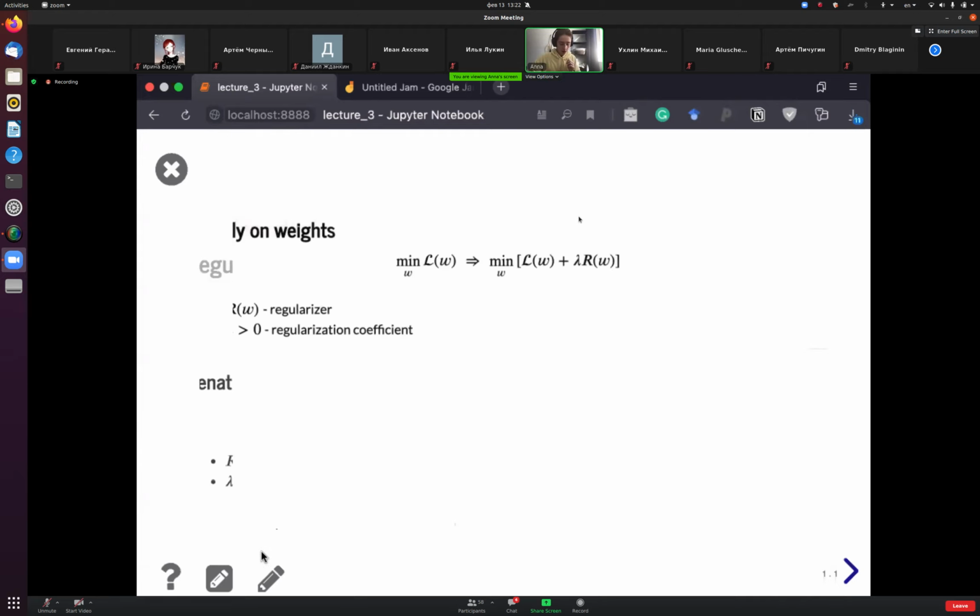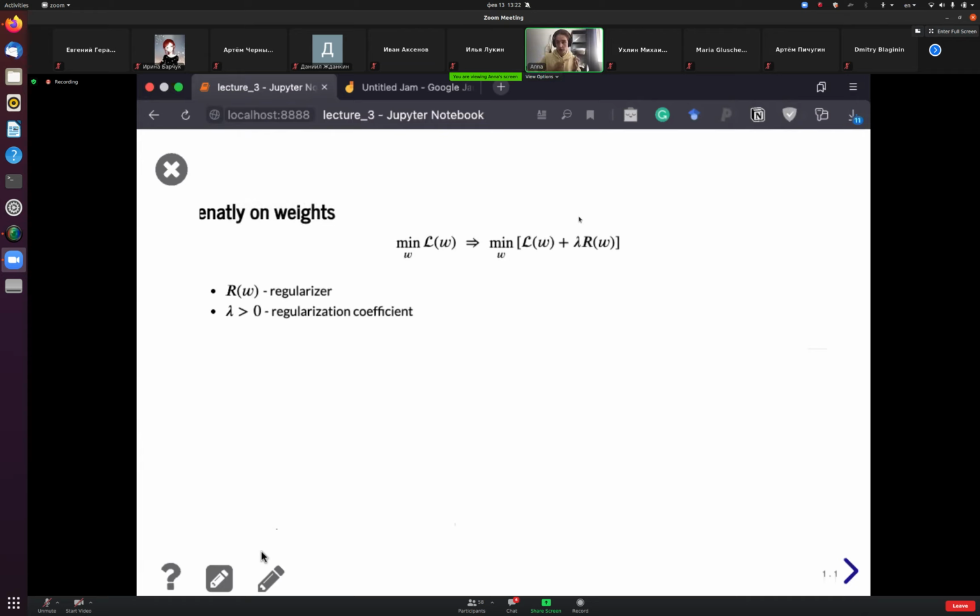The idea of regularization is pretty straightforward. We used to minimize some cost function, which depends on our weights. So let us add a penalty, some function which also depends on weights, pretty simple one, with the weight lambda. We will call this lambda the regularization coefficient.